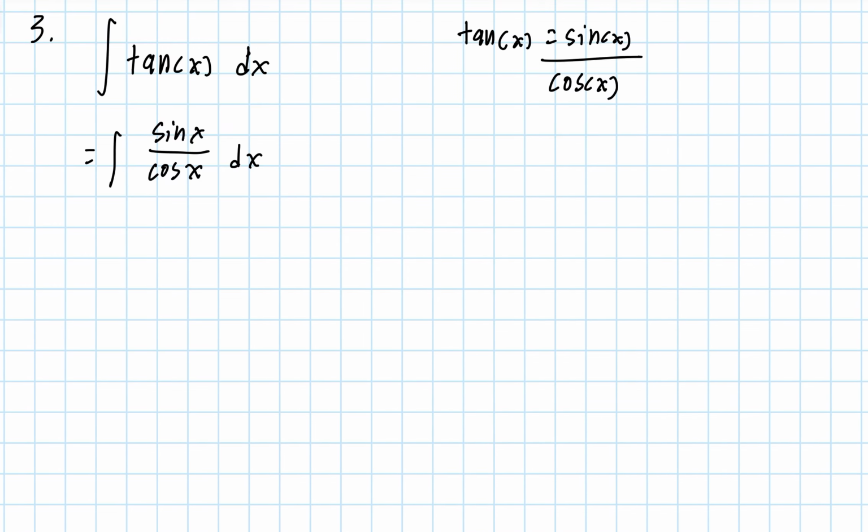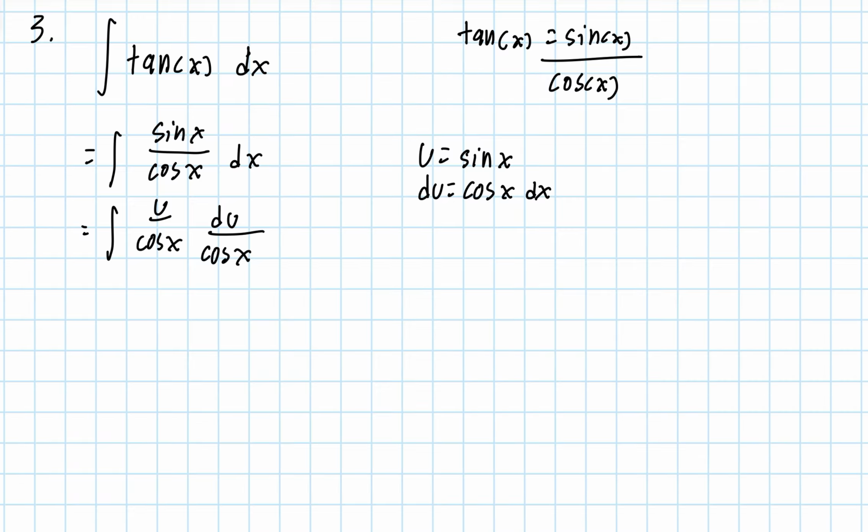We know that in order to isolate du, we have to have something under du, like dividing it. And here's what I mean. Let's say we make u equal to sine x, and then du equal to cosine x dx. Theoretically, it could work because you have u, which is now sine x, so u over cosine x, and then du is cosine x dx, so dx is du over cosine x, I'm sorry.